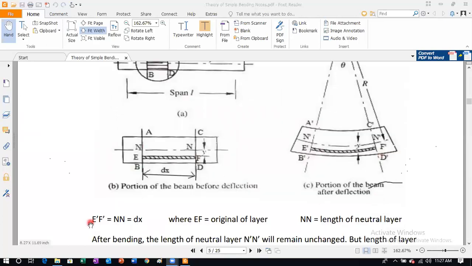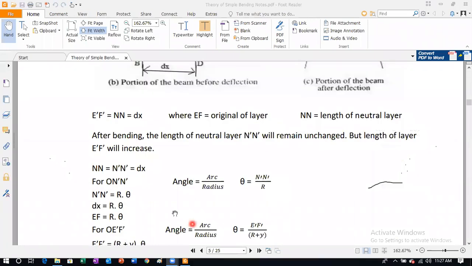Here EF is equal to NN, where EF is the original layer and NN is the length of the neutral axis. After bending, we can easily conclude that N dash will remain unchanged.